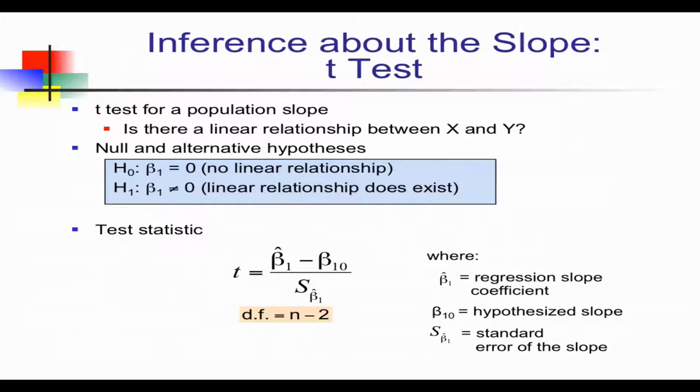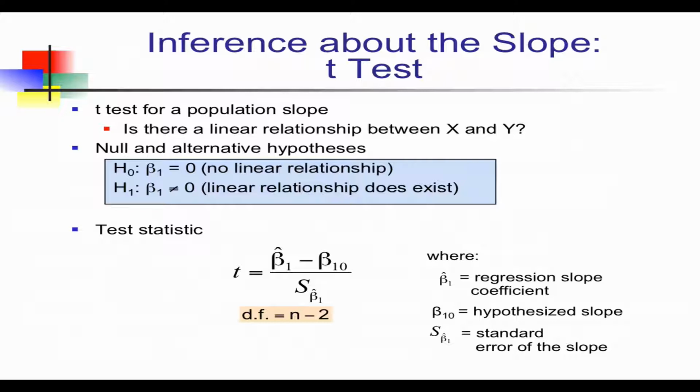If you plug in all the values, this would be how you calculate the t statistic manually.